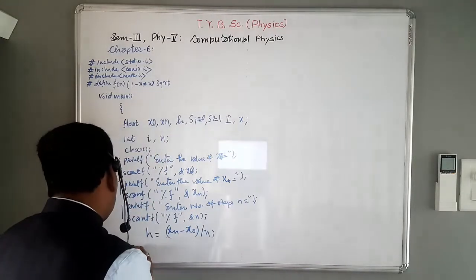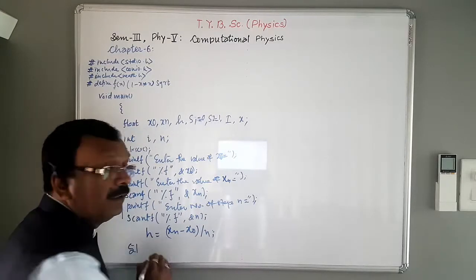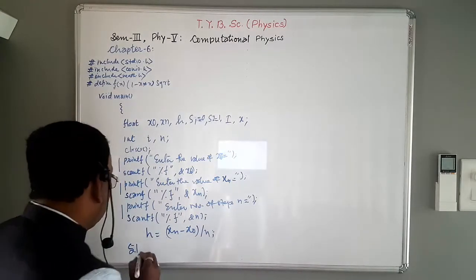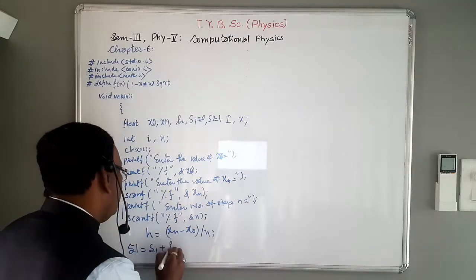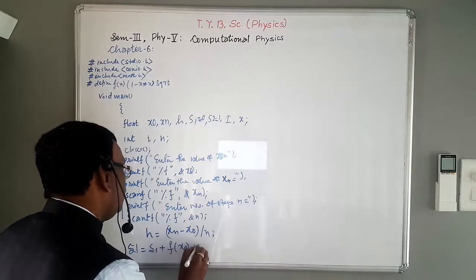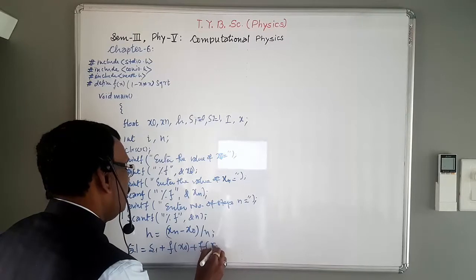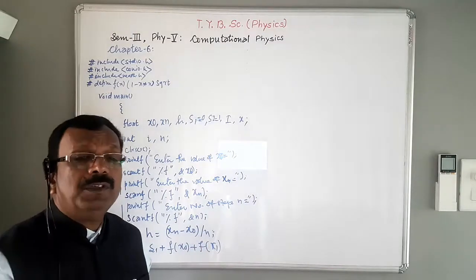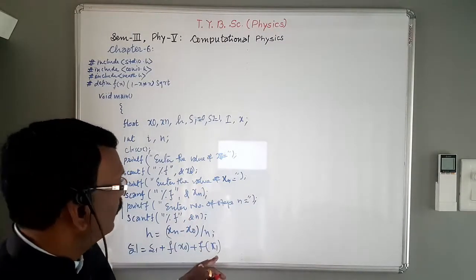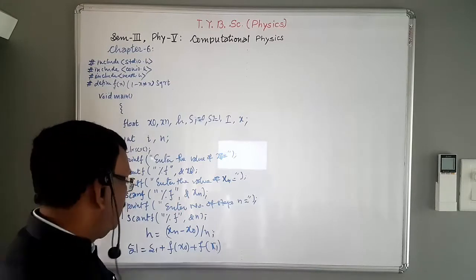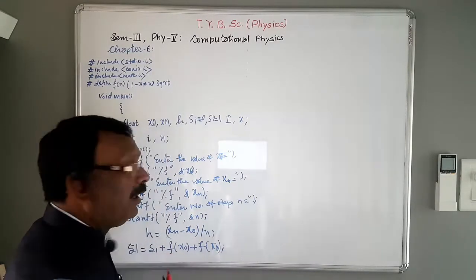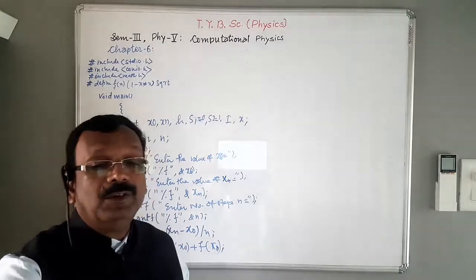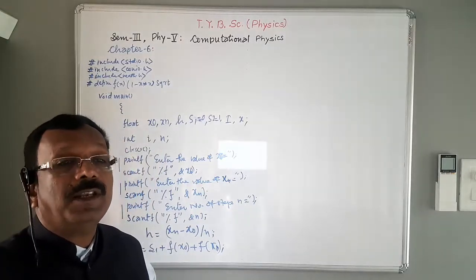Then we find the variable s, which is equal to s1 plus f of x0 plus f of xn. Here also it is x0 and xn, not x1. By using this formula, we can calculate the value of the variable s.